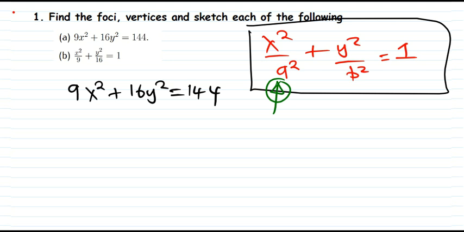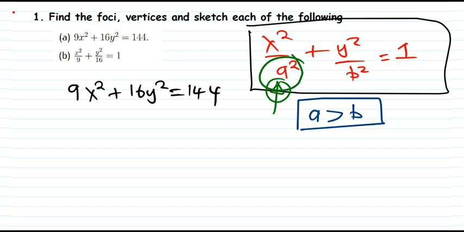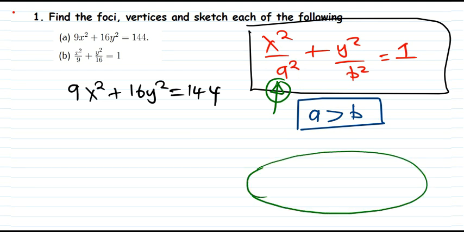What that tells us is if it's in this form, a should be greater than b. This will do you some good, because it will help you remember that if I've got x squared having a greater denominator, then I'm dealing with an ellipse whose major axis is along the x-axis.